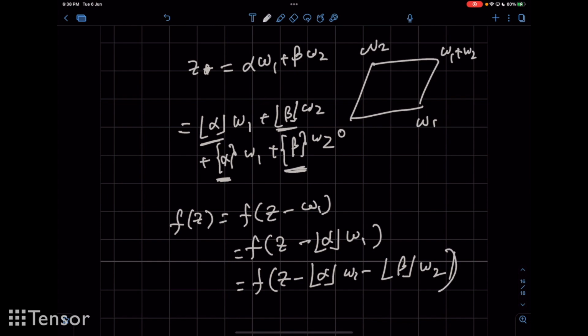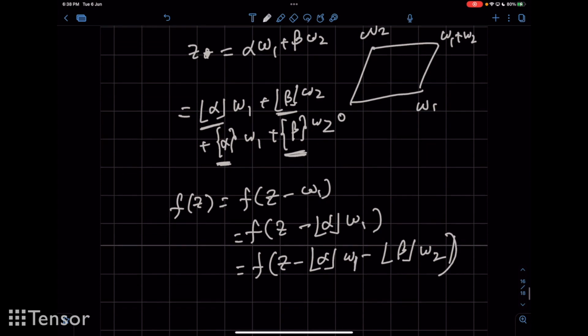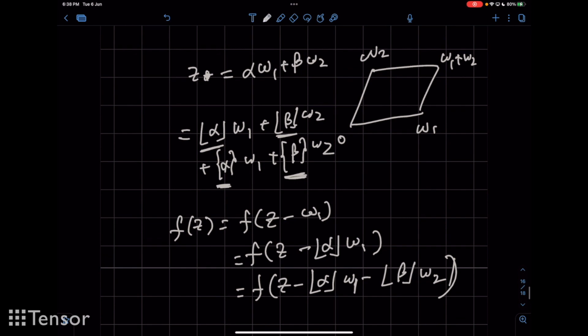Then we get that f of z is equal to f at some point in the parallelogram. So if we know the value of f in this parallelogram, we know the value of f everywhere.